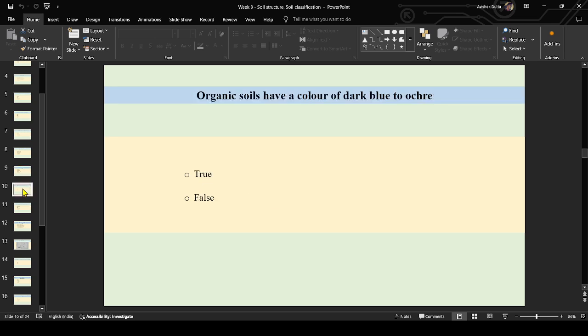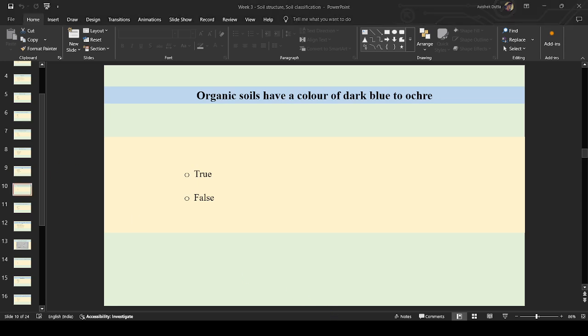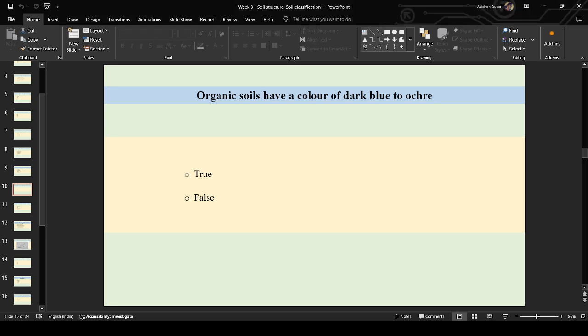This is a true false type of problem. The statement is: organic soils have a color of dark blue to ochre. Is this statement true or false?